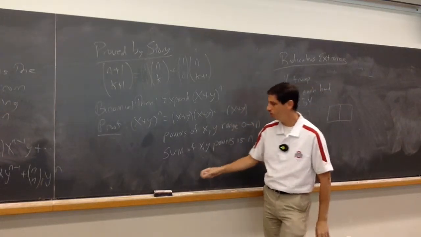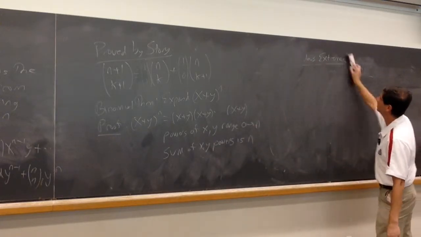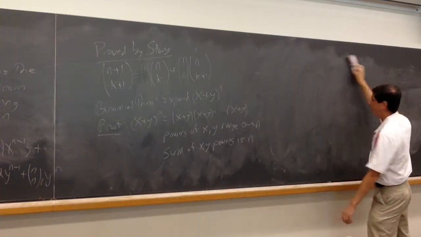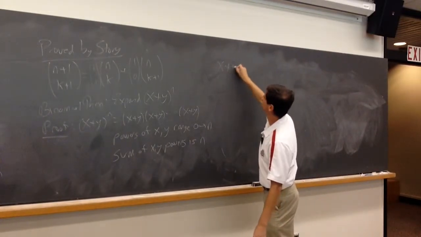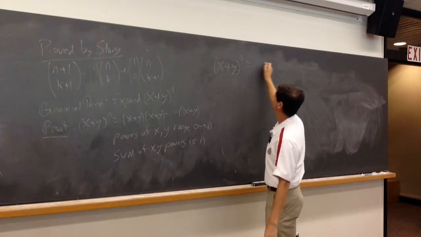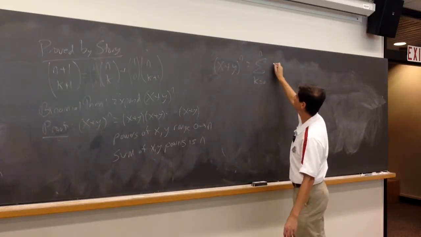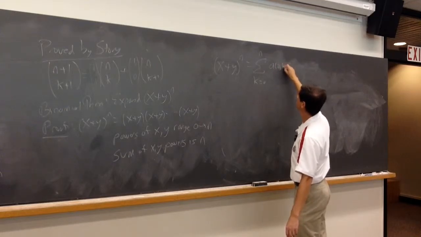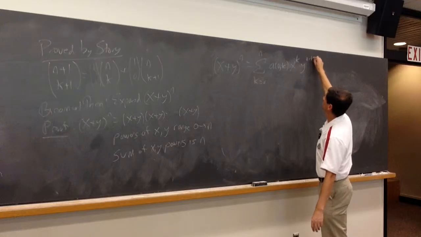So the first thing we know is that the expansion has to be a sum of polynomials in x and y. So (x + y)^n has to be a sum, k goes from 0 to n, of some coefficient, which is going to depend on n and k, times x^k y^(n-k).